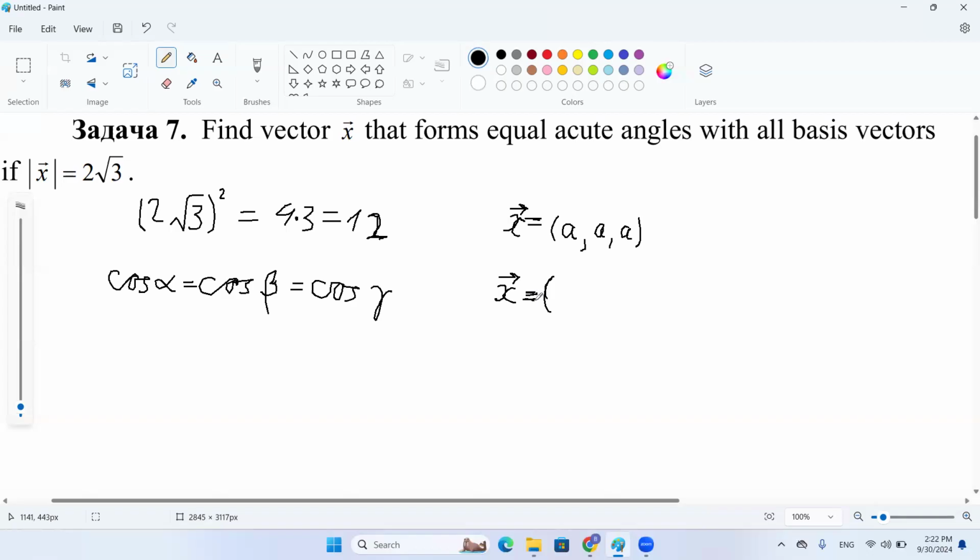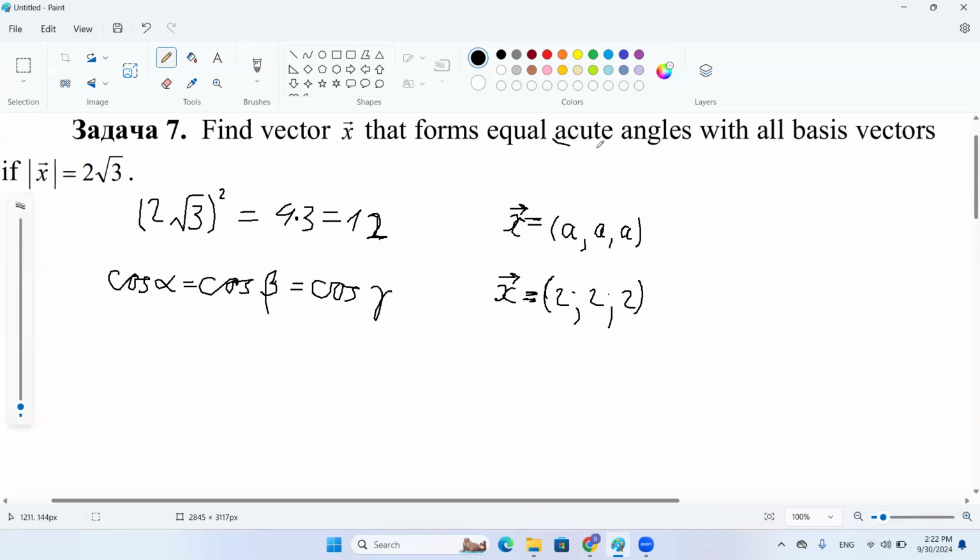Daniil? 2. Yeah, so each coordinate is 2. Yeah, so correct. Or -2, or only 2.